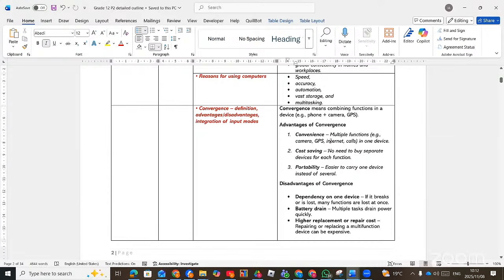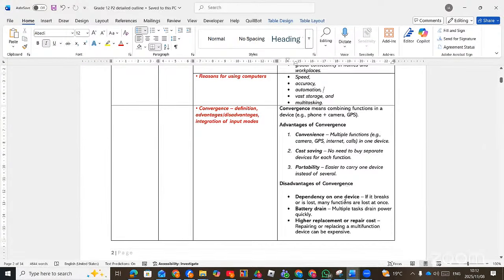You can use so many functions in just one device. Cost saving also: instead of buying separate devices, you can save by buying one device. Like smartphones these days, people use them to scan instead of buying a scanner, and also to email and do so many tasks. So you'll be saving cost. Then portability: it's easier to carry one device instead of several devices. So it is also more portable for us.